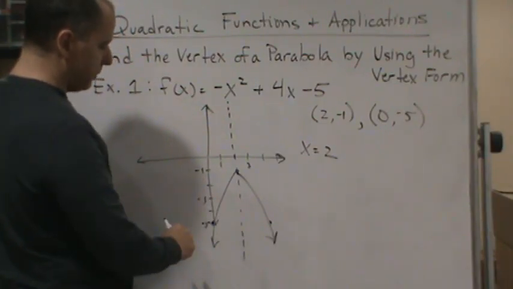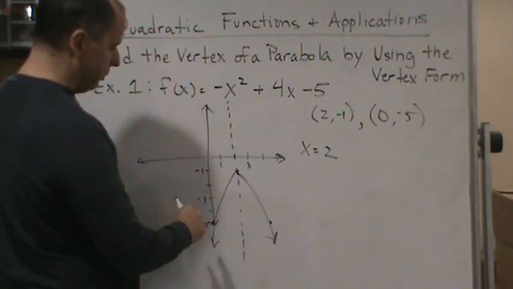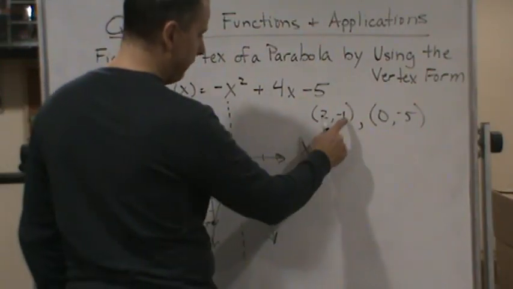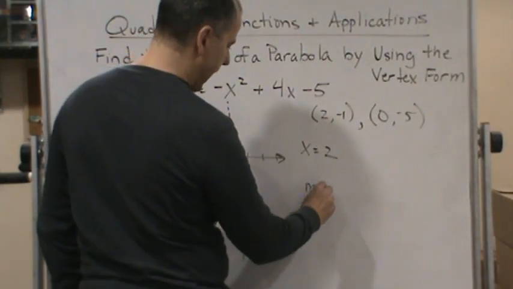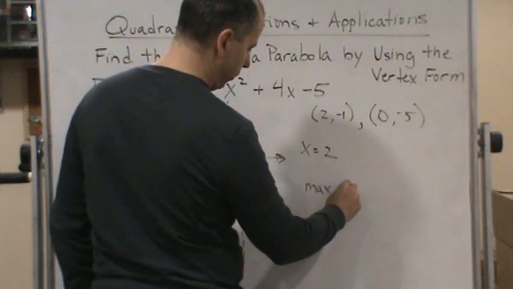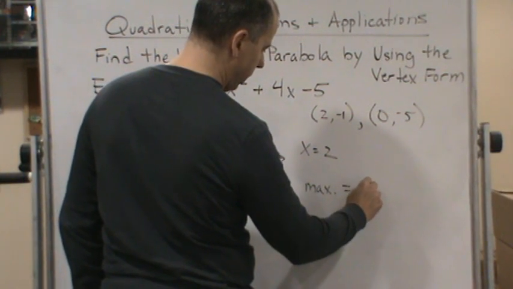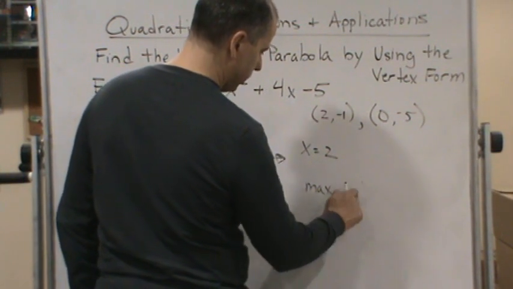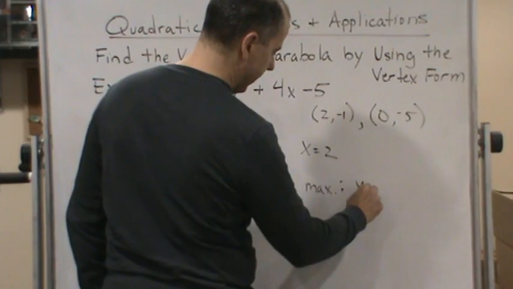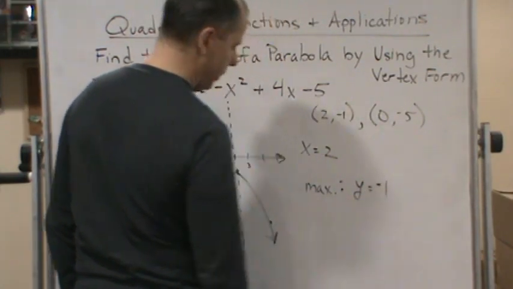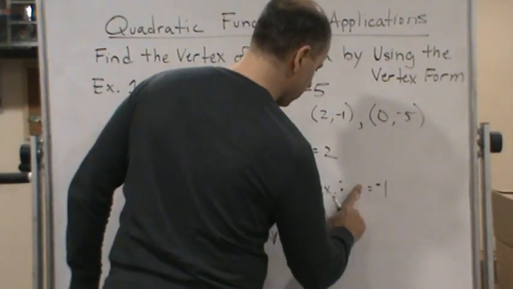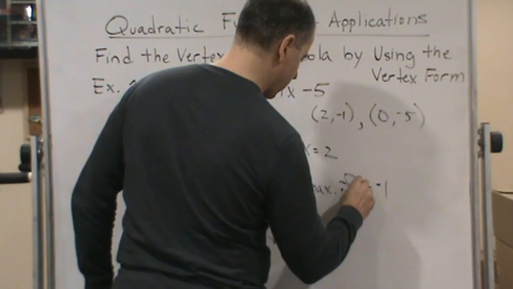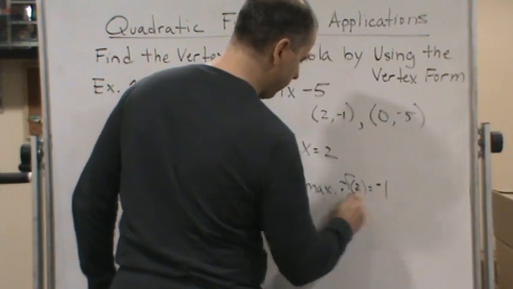So here the maximum is at -1, the y value. So the maximum value is y equals -1, or f of 2, I should say.